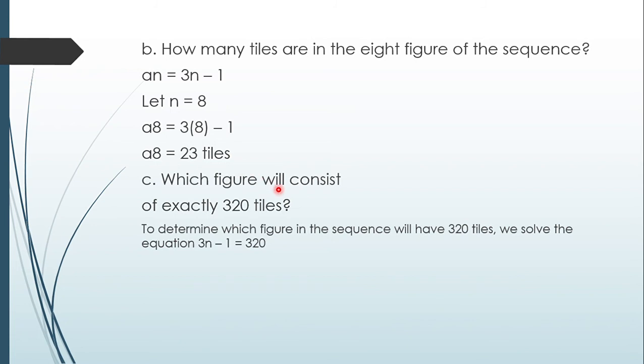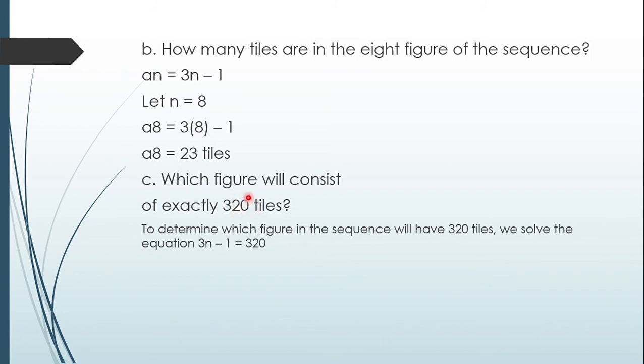So, which figure will consist of exactly 320 tiles? To determine which figure in the sequence will have 320 tiles, we solve the equation 3n minus 1 is equal to 320. Saan nakuha si 320?